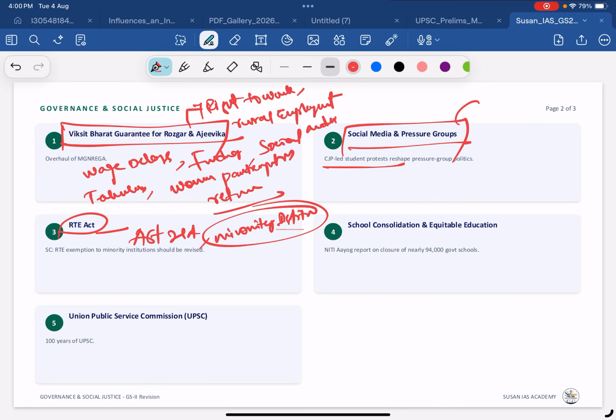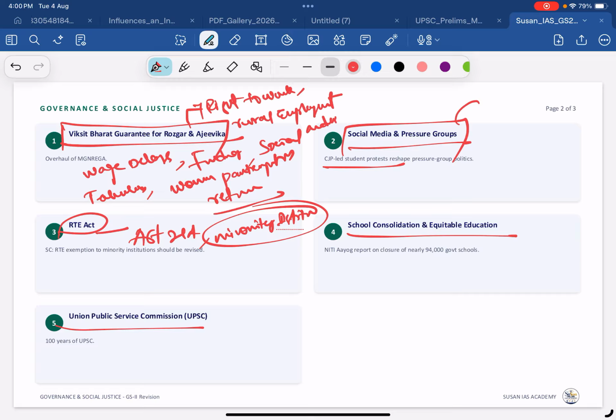Recently the CJP-led protest has been there, and before that many environmental pressure groups and even farmer organizations also protested during the farm laws. So one has to cover this, right? And school consolidation and equitable education, like school closures, mergers, access with efficiency, and rural tribal students, right?